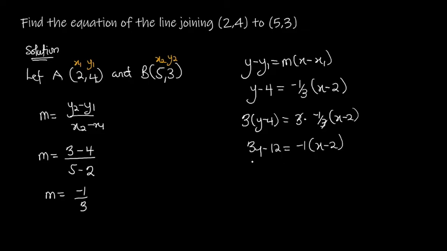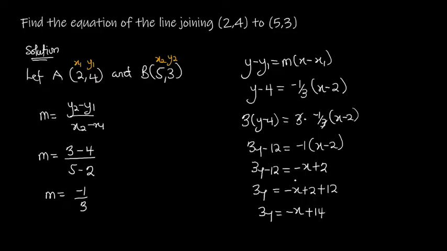Alright, so from here I have 3y minus 12 is equal to negative 1 multiplied by x, which gives me negative x. Negative 1 multiplied by negative 2 gives me a positive 2. So I can rewrite my equation as 3y is equal to negative x plus 2 plus 12. So I have 3y is equal to negative x plus 14. And this becomes my equation of a straight line.